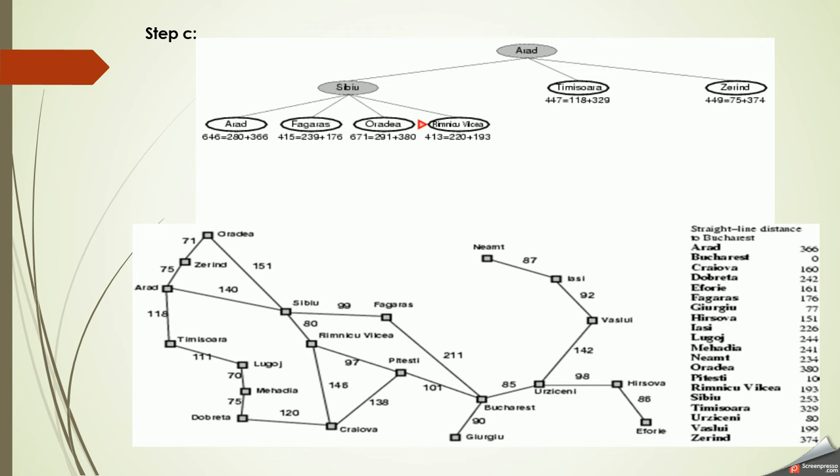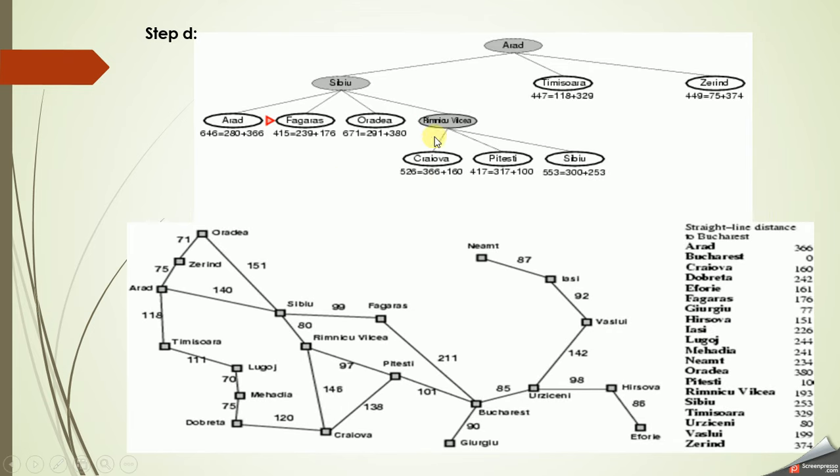Rimnicu Vilcea is connected to three nodes: Sibiu, Craiova and then Pitesti. So all those three have expanded. And Rimnicu Vilcea to Craiova it is 146. So 146 plus 80 plus 140.